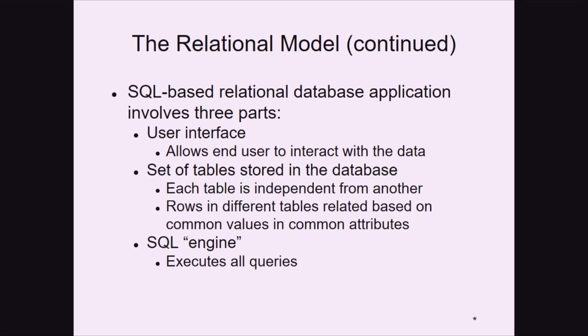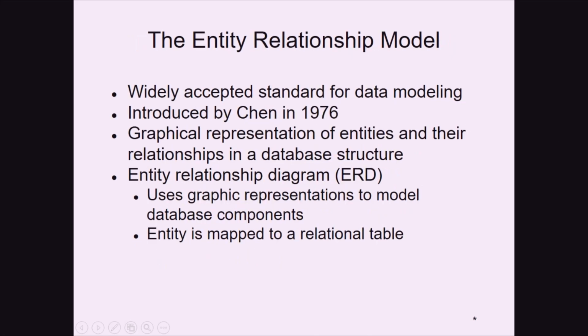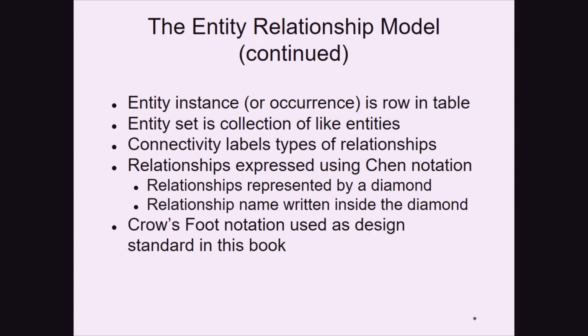And then next we have the relational model. Maybe we can skip this one. Again, there are evolutions of the entity relationship diagram. You can see the Chen notation, or Chen method, and there is also the Crow's Foot notation.